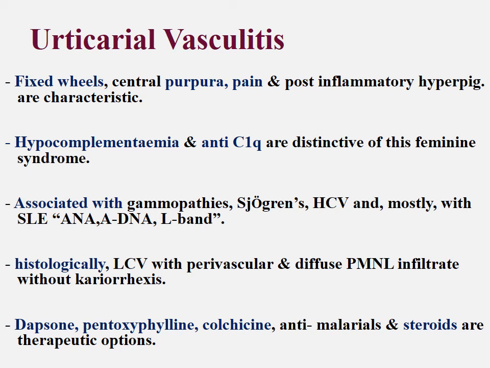Again, since the neutrophil is the major effector cell here, dapsone is the best treatment if you find it. If not, then we may try colchicine or steroids. Pentoxifylline will help as much as possible, since we are talking about a blood vessel affection, and other anti-inflammatories may help.